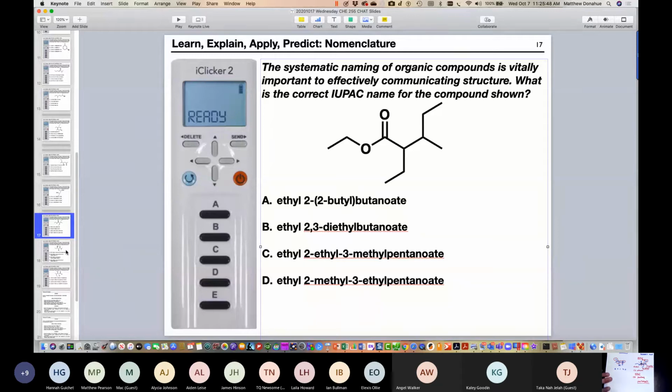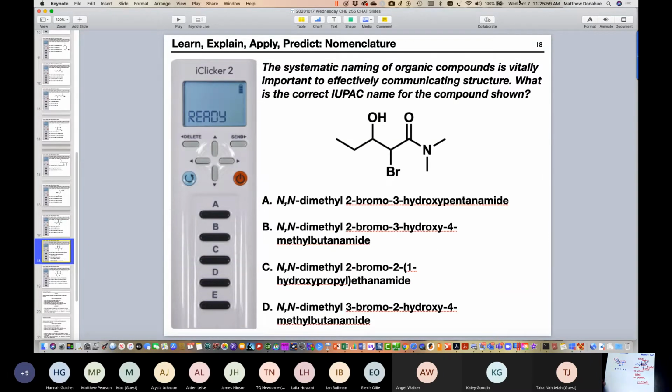So the next two are also carboxylic acid derivatives, meaning they have an oxidation state 3. So the next one is an amide. So as you can see, I'm highlighting with my mouse, there's the amide portion. This is at oxidation state 3 because 1, 2, 3, that means that carbon has to be position 1 in the longest chain.